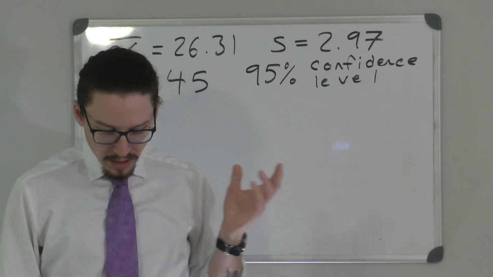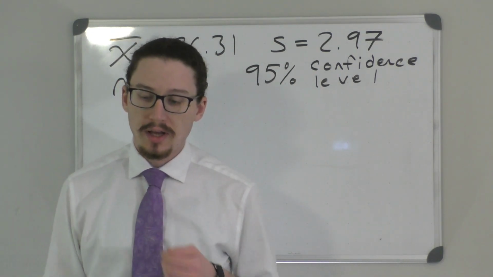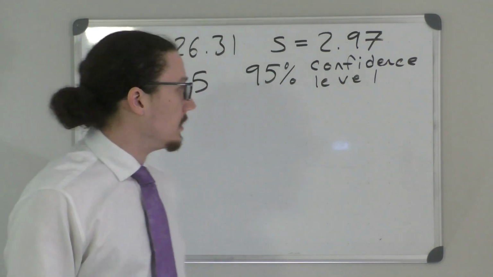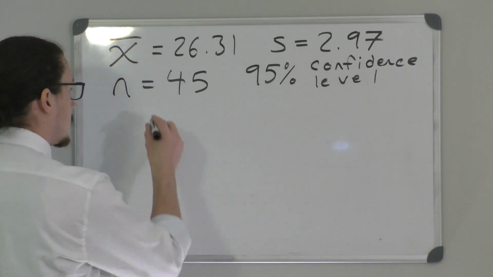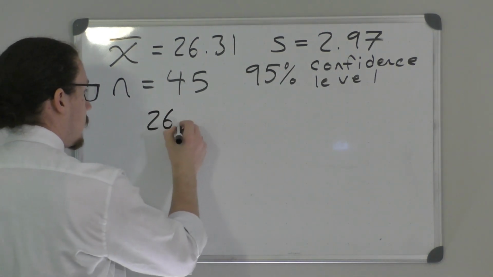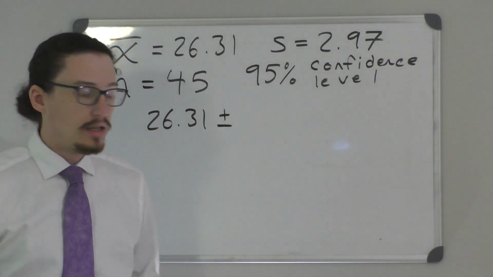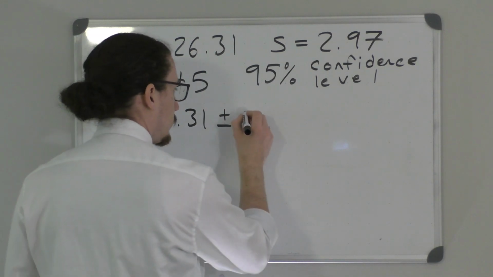So now we have all of the important pieces of information for us to go ahead and start going through this example. All right, so as we set this up, we're going to start with our sample mean, 26.31, plus and minus our critical value, so that's our z.